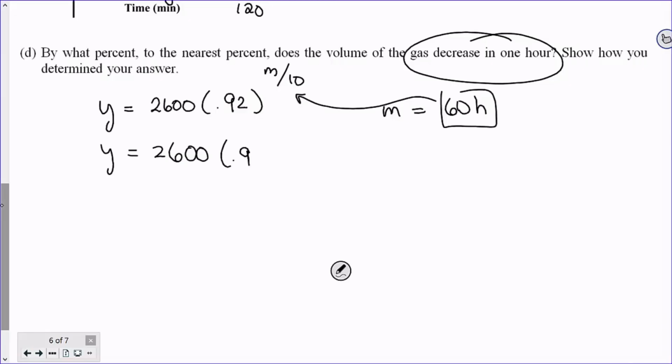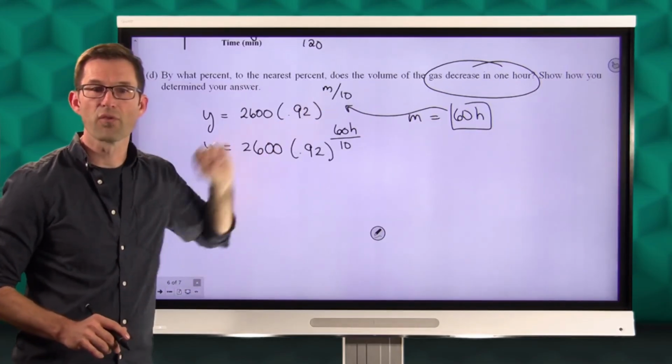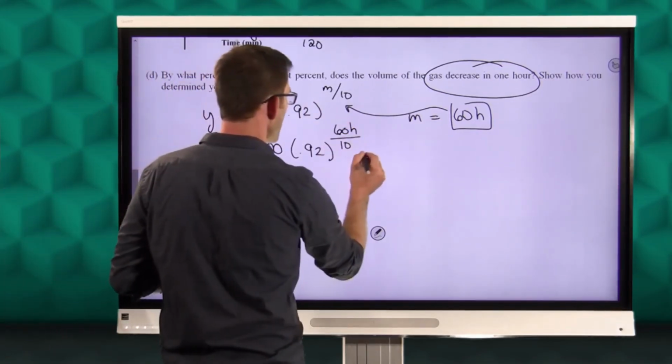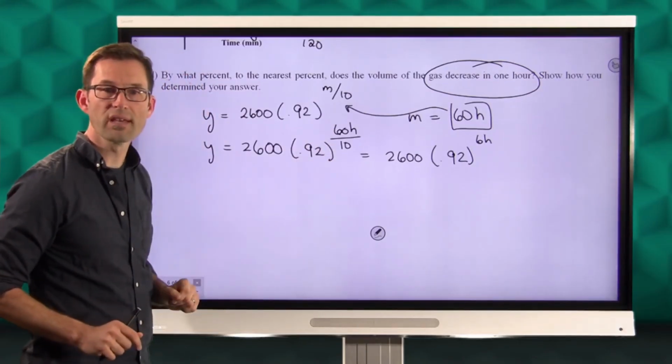All right, 0.92 to the 60h divided by 10. All right, can't lose that divided by 10, right? Just because I put the 60h in for the minutes. Now, of course, 60 divided by 10, I can rewrite that as 0.92 to the 6h, right? 60 divided by 10 is just 6.